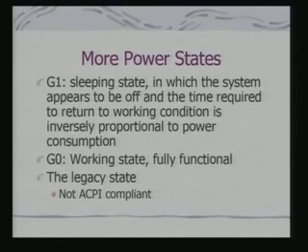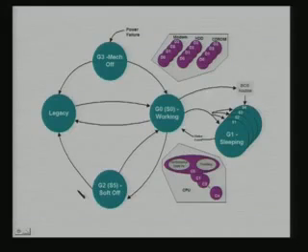Then you have G1, a sleeping state that appears to be off, and the time required to return to working condition is inversely proportional to the power consumption. But in this case, what is interesting? I am not talking about rebooting of the system. And G0 is a working, fully functional state, and there is a legacy state which may not be strictly ACPI compliant. So there should be a power transition diagram.